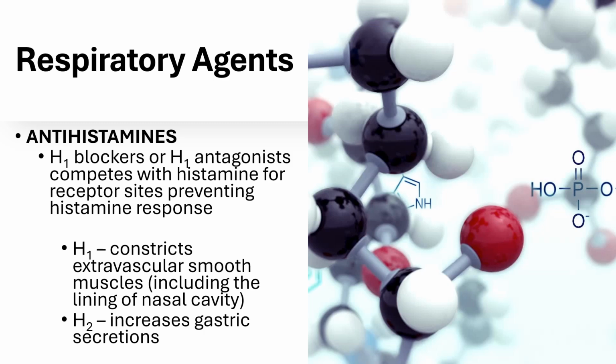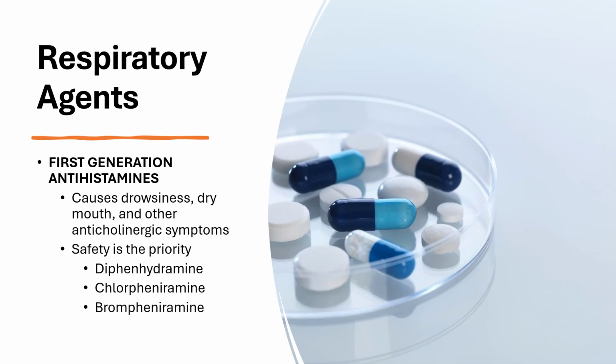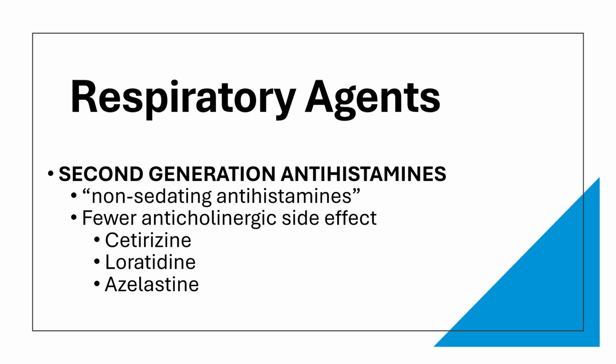For respiratory agents, your first generation antihistamine causes drowsiness, dry mouth, and other anticholinergic symptoms, such as your diphenhydramine. Second generation antihistamines are non-sedative antihistamines with few anticholinergic side effects. These are your cetirizine, loratadine, and azelastine.